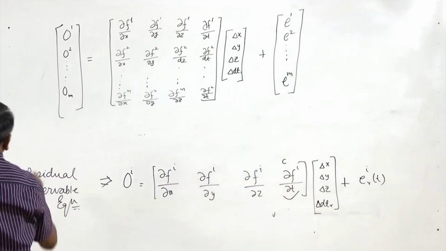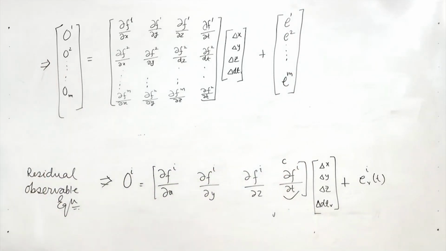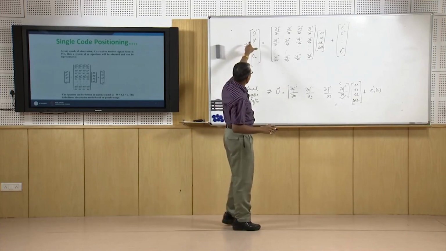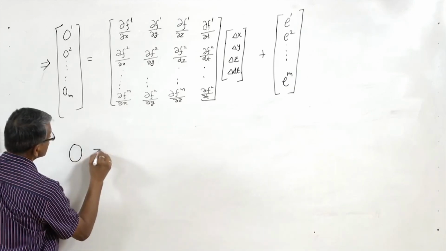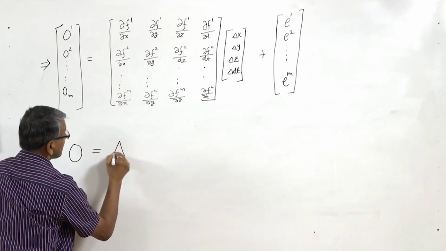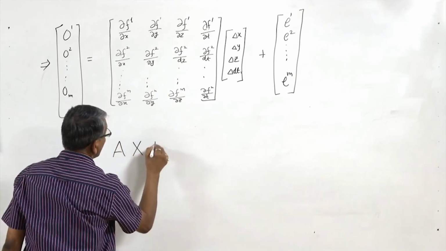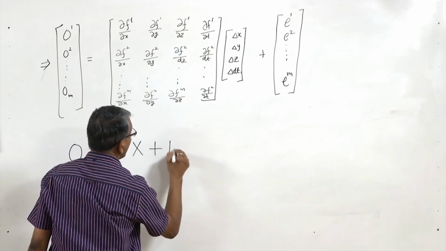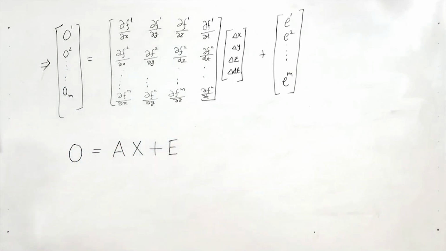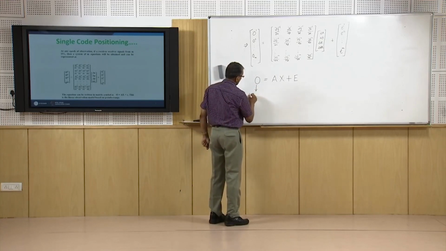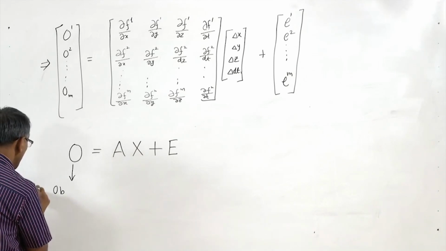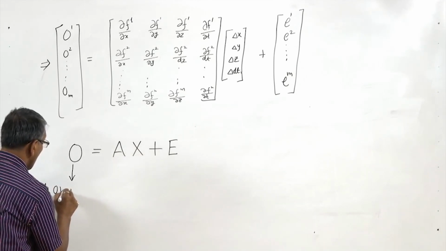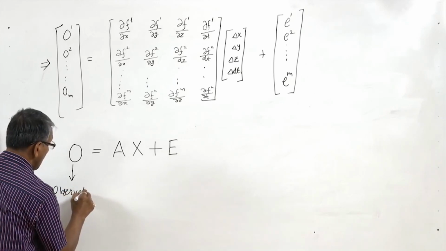So finally these are the observable equations from m satellites. Again we can write it in matrix form, O is equal to A times X plus E. This O is the observable matrix or residual observable matrix.